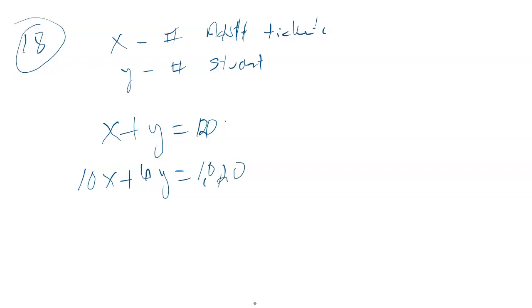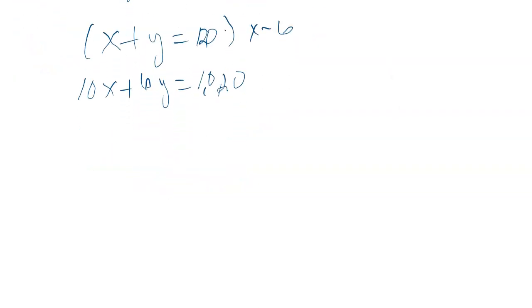That's not bad. Multiply by -6. Yeah, I'm going to go with -6. I'm kind of regretting it, but we'll see if it works out. When I multiply by -6 on that first one, I will get -6x minus 6y equals, let's see, 12 times 6, 72? Sure, this is -720.